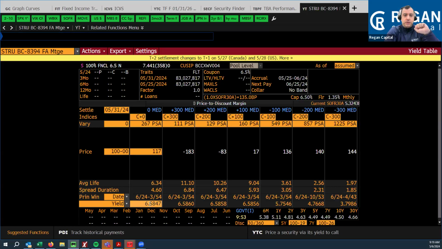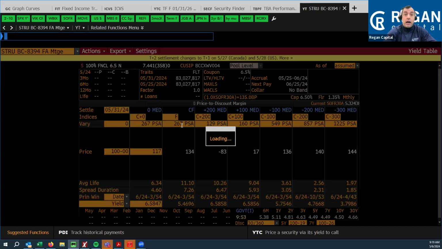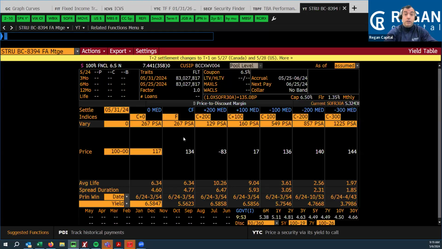For a yield to spot, if the curve stays to the spot rate, you're going to get about a 6.58 yield. And if the forward curve actually happens, we can run into F here, you're still going to get a 5.56 yield. So you're still going to actually beat bills. But over the course of time, you're going to get 120, 135 spread over treasuries by owning agency government guaranteed floating rate mortgage bonds.